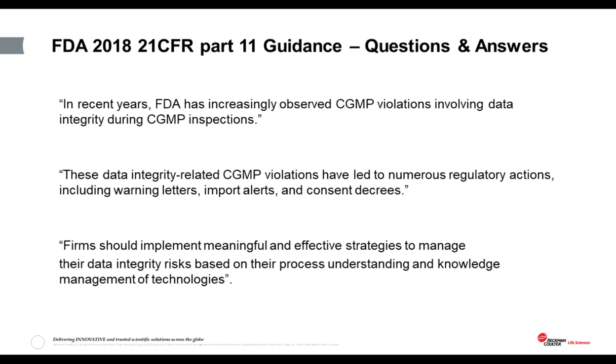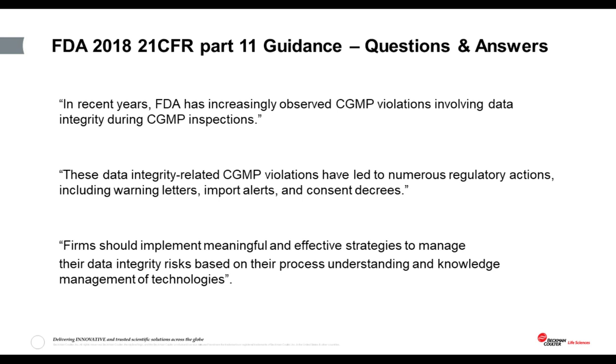Now, in December of 2018, the FDA published their questions and answers paper relating to 21 CFR Part 11 data integrity. And they shared some fairly worrying observations. They stated that in recent years, they'd increasingly observed cGMP violations, particularly involving data integrity during their inspections.